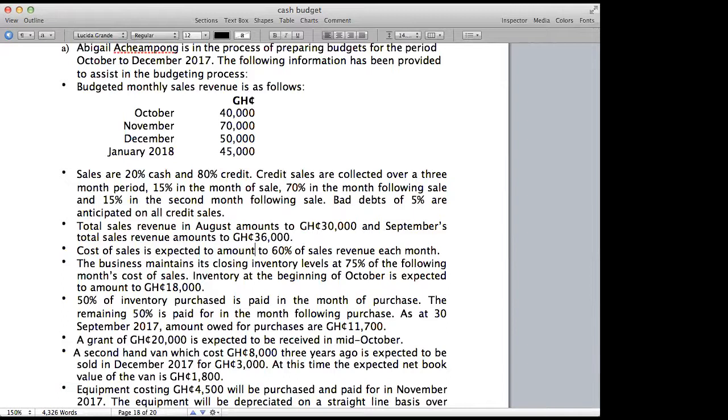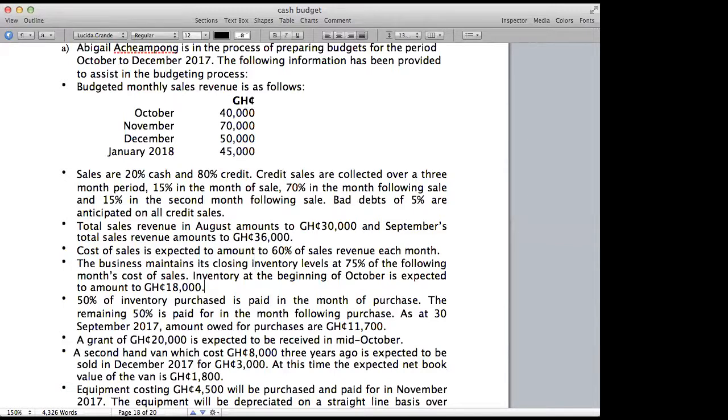Bad debts of 5% are anticipated on all credit sales. So probably I'll explain bad debts for you, because it normally affects the cash received from customers, and we have a way of bringing the bad debt in. Good.